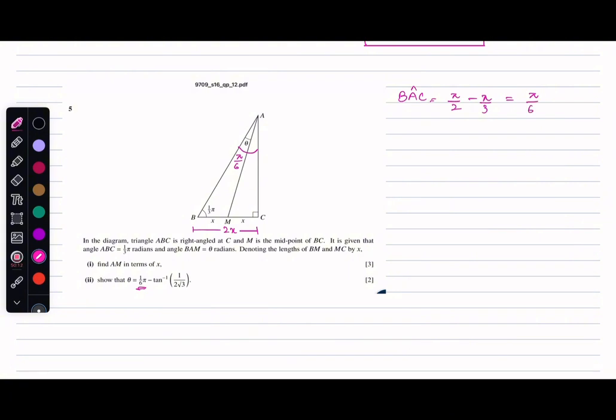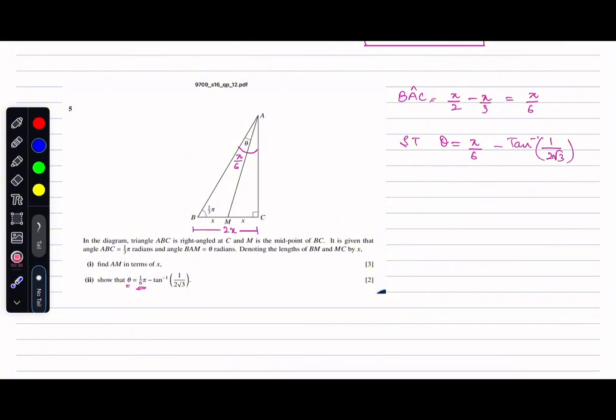So the angle at A is pi by 6. Now this pi by 6 is the hint that we should be having here. And they are asking for this theta. We have to show that theta shall be equal to pi by 6 minus tan inverse 1 over 2 under root 3.